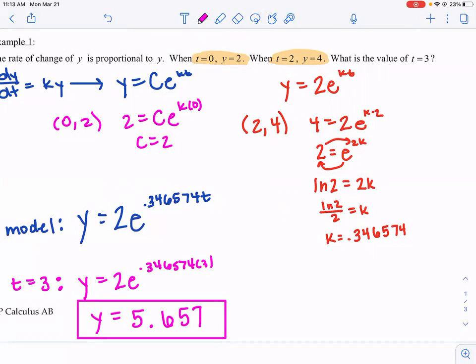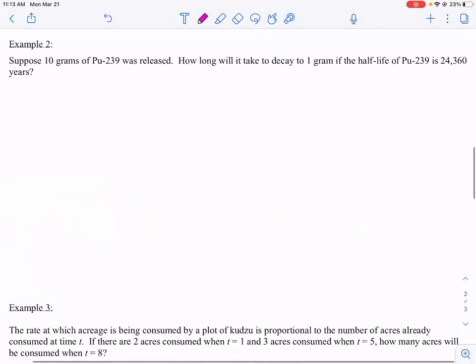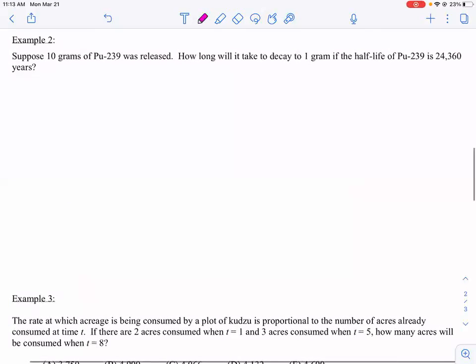Questions before we go to the second problem? All right. Go ahead and read through the second problem. Is it plutonium?